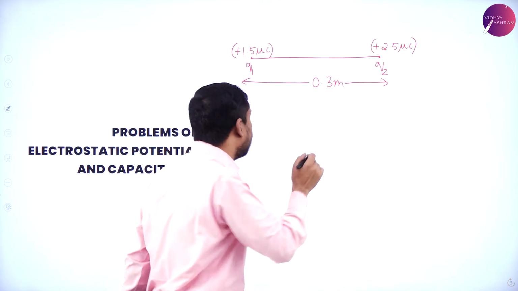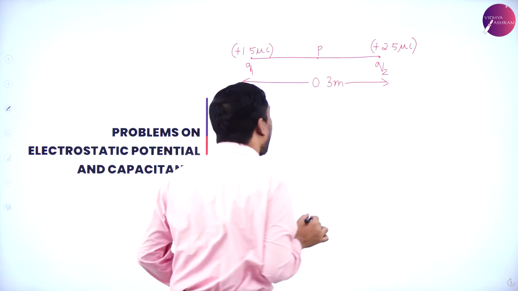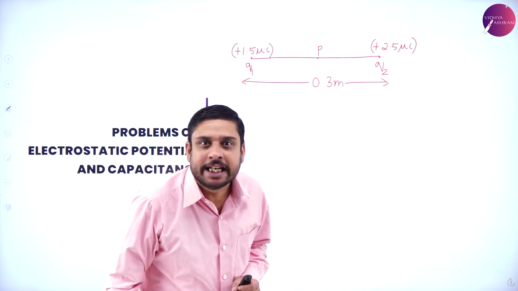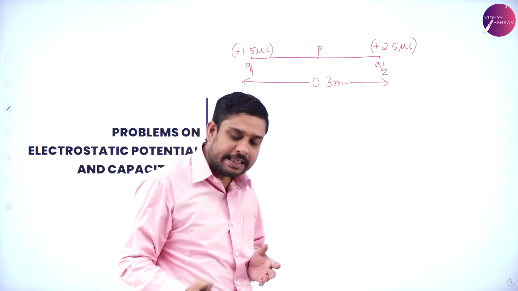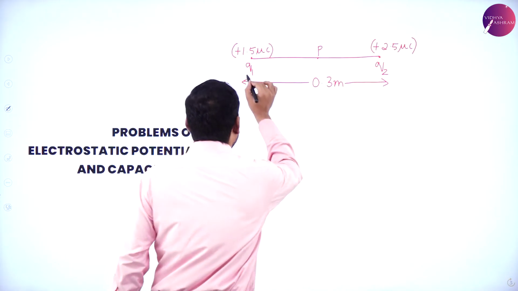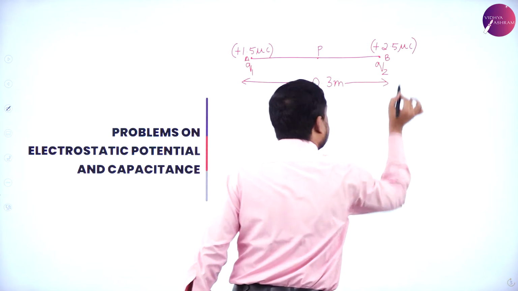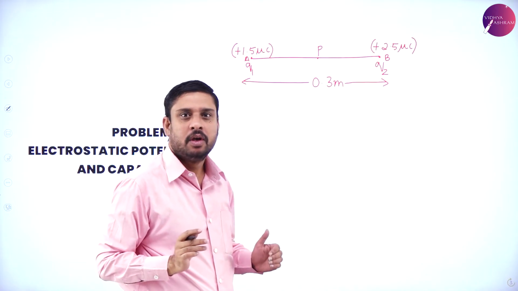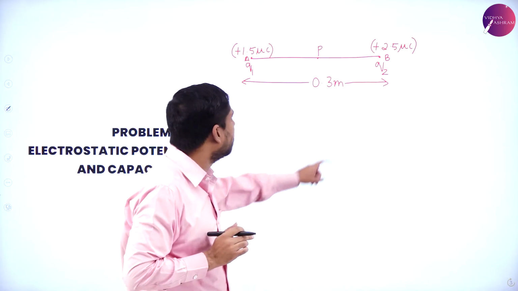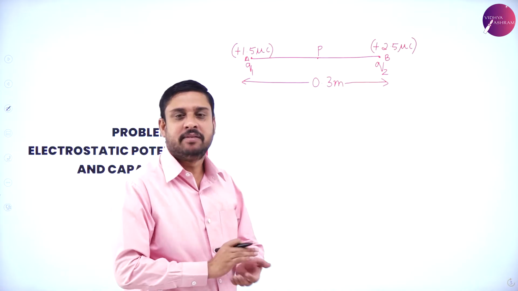Electric potential at the midpoint of the line joining the two charges. I call this as A, I call this as B. Q1 is placed at the point A, Q2 is placed at the point B.